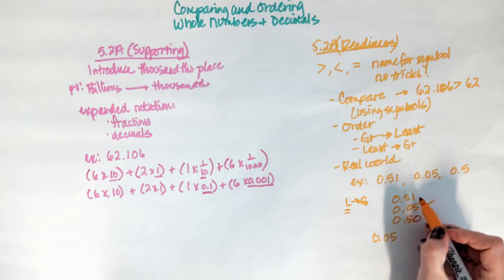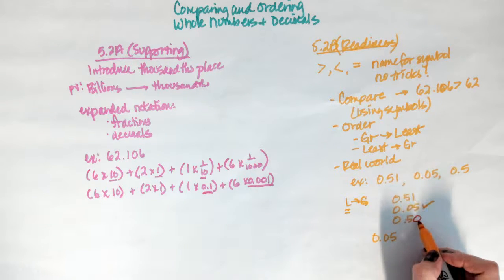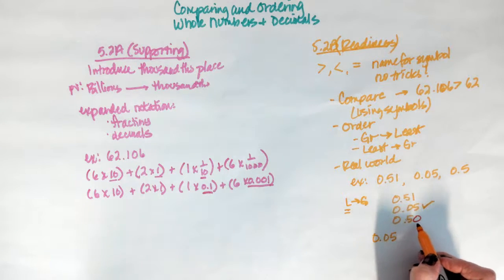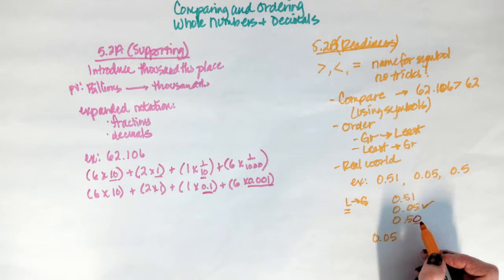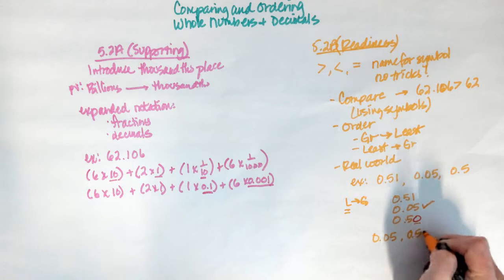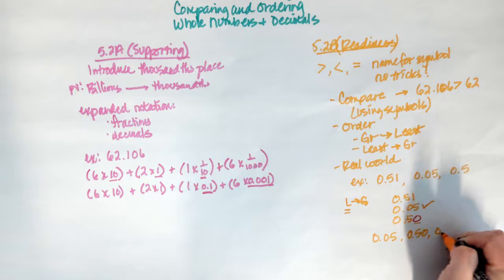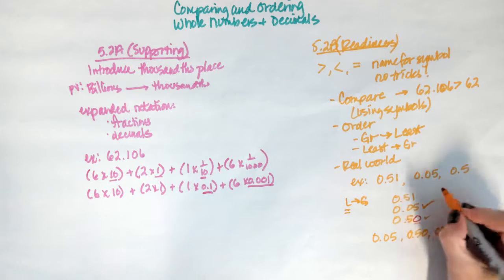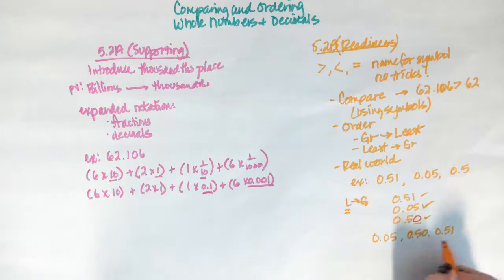Then I would go to the next place value. I have a 1 and a 0. See why it's important now that I put this 0 here so I have something to compare. So what's the next lowest number? The least is the 0. So the next one, and then the last one, I've used them all, and they are in order from lowest to greatest.